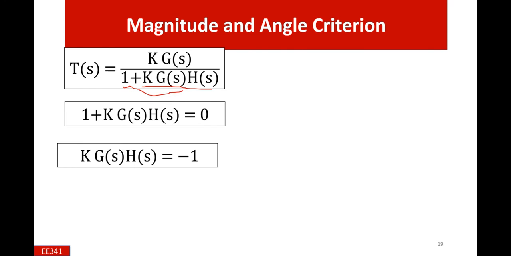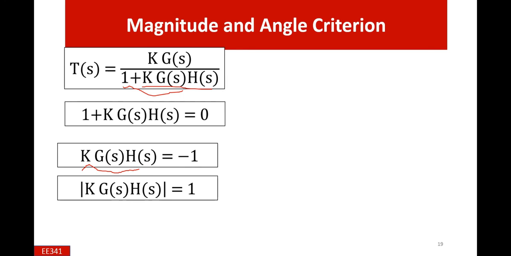From this we can show that the open loop transfer function is equal to -1, and the magnitude is equal to 1. So we can normalize it. This is one fundamental property related to the closed loop transfer function.